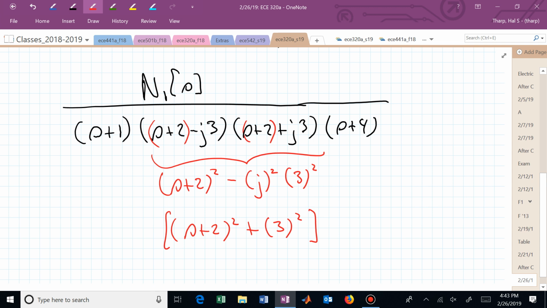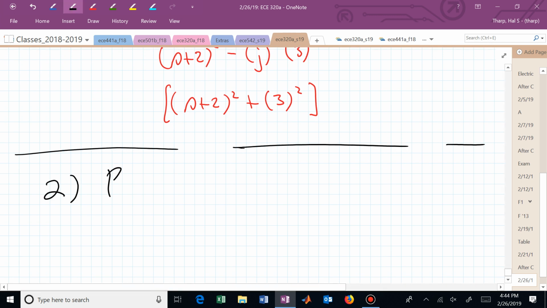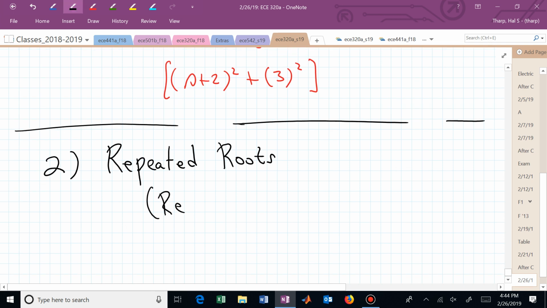That's case 1. Case 2 is if we actually had repeated roots. And those repeated roots could be real or complex.